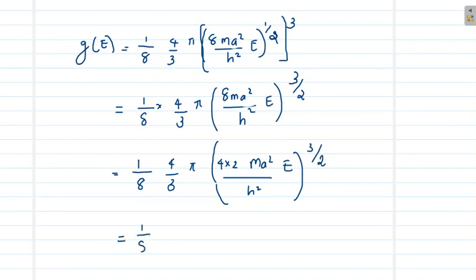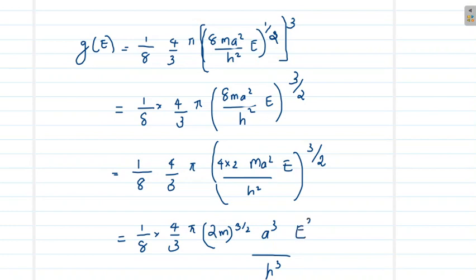So 1 by 8 into 4 by 3 pi into 2m whole raised to 3 by 2. 2m whole raised to 3 by 2 is written here. A square whole raised to 3 by 2 is a cube. H square whole raised to 3 by 2 is h cube.